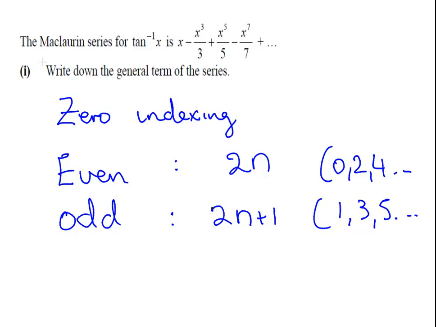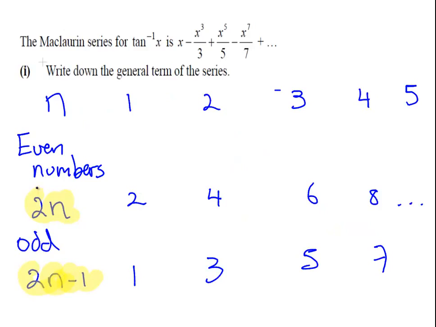Really, 0 isn't either odd or even, but it just gets treated as an even number in the sequence. Okay, so anyway, the important thing is 2n and 2n minus 1 for even and odd respectively.